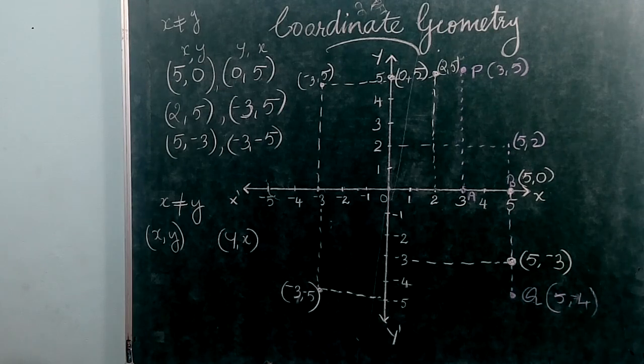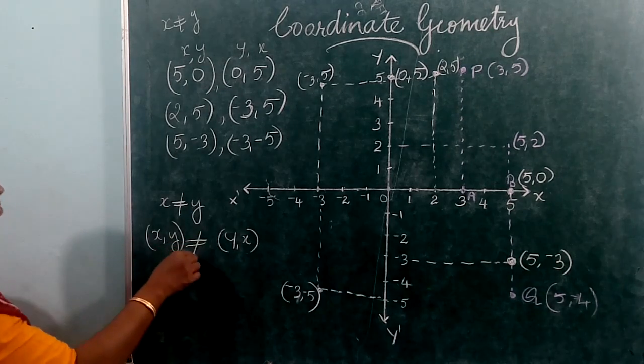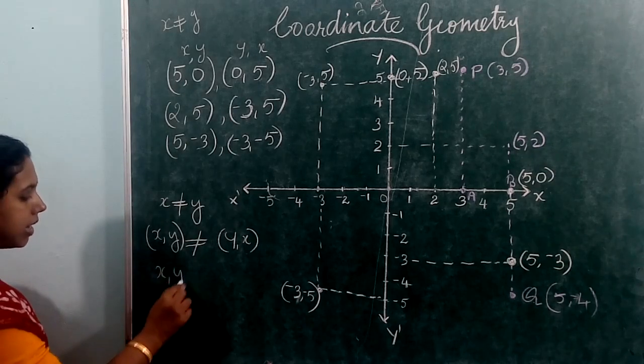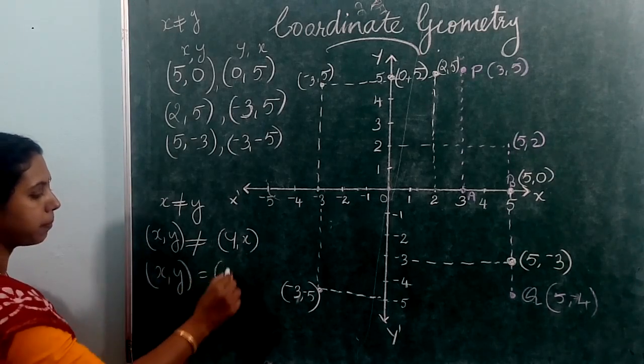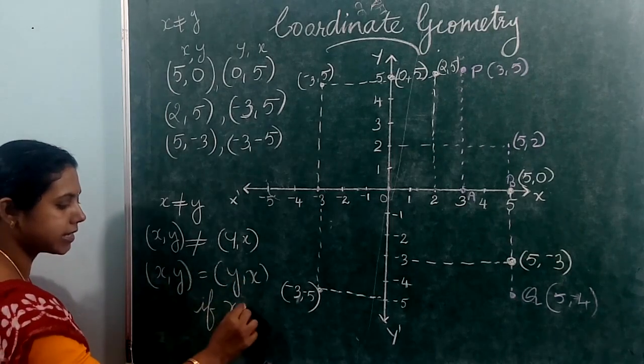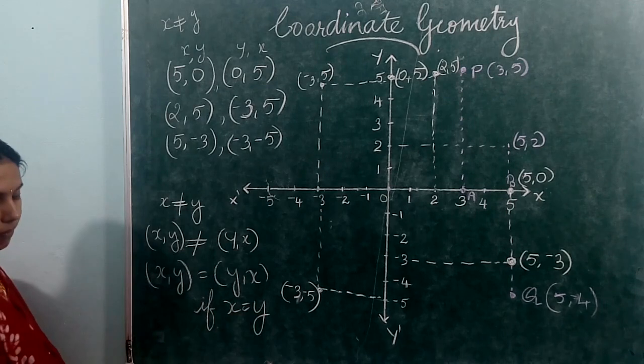The ordered pair (x, y) is not equal to the ordered pair (y, x). Also, the ordered pair (x, y) is equal to the ordered pair (y, x) if x is equal to y.